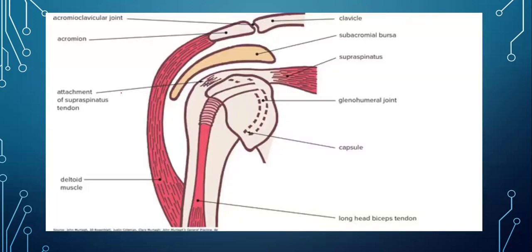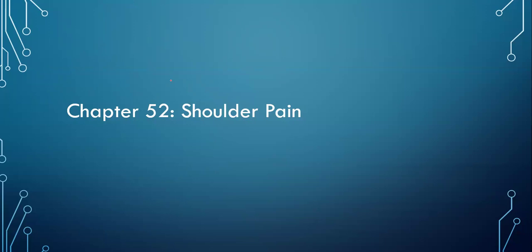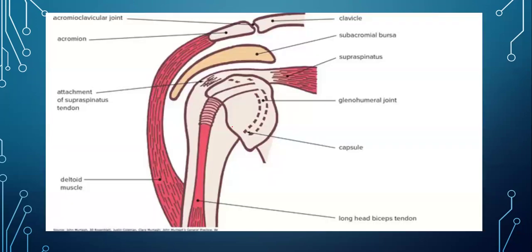Okay, moving on to chapter 52, shoulder pain. So you can see that this is the basic shoulder structure and shoulder joint. That's definitely the humerus, right? And this one is the acromion, one of the bones, and this is the clavicle.